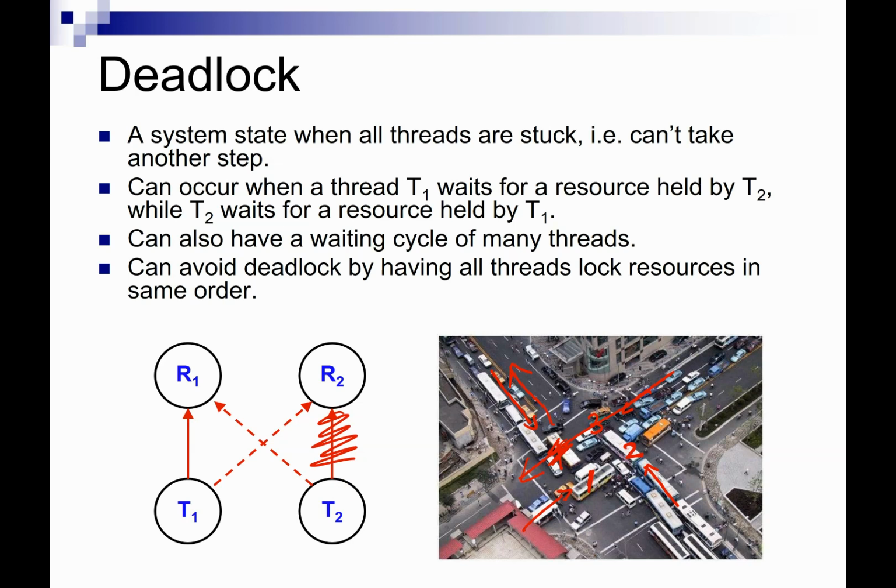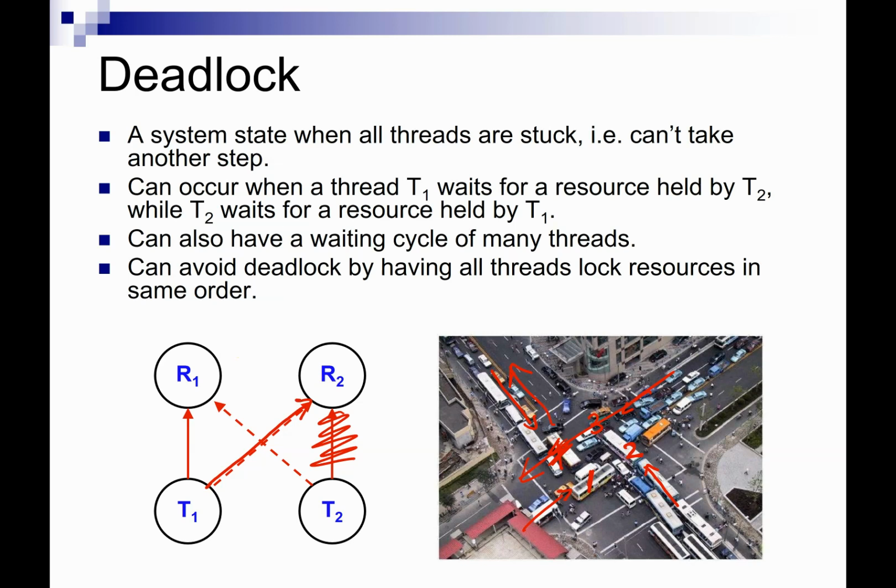Since both T1 and T2 are trying to lock R1, only one of them will succeed, and the other one will wait. So let's suppose that T1 succeeded. Then T1 gets R1, and now T1 can go get R2, because that's not been taken by anyone yet. Then once it's got both resources, it can go do its operation.